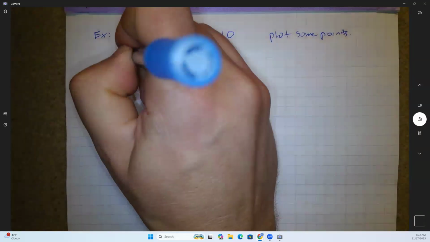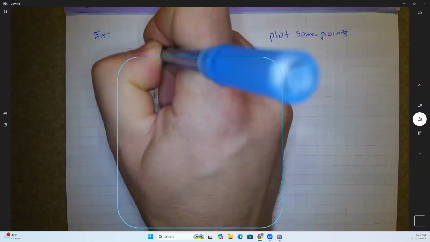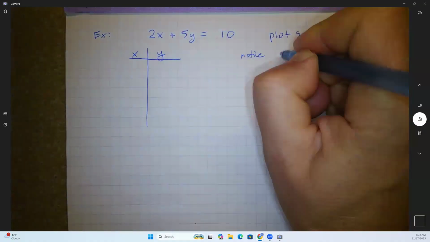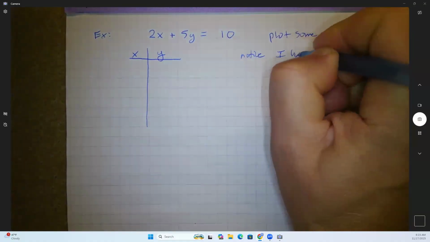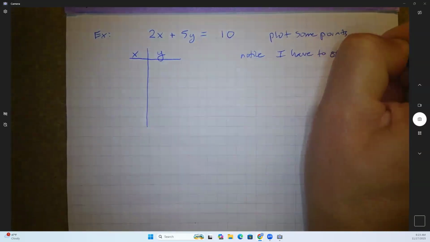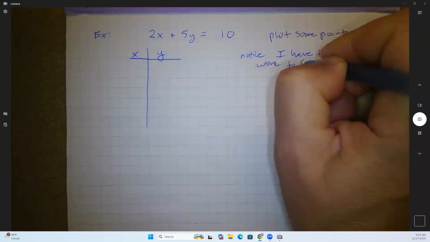And so the way we might start is we might do an XY table. Notice I have to do some work to figure out Y each time.